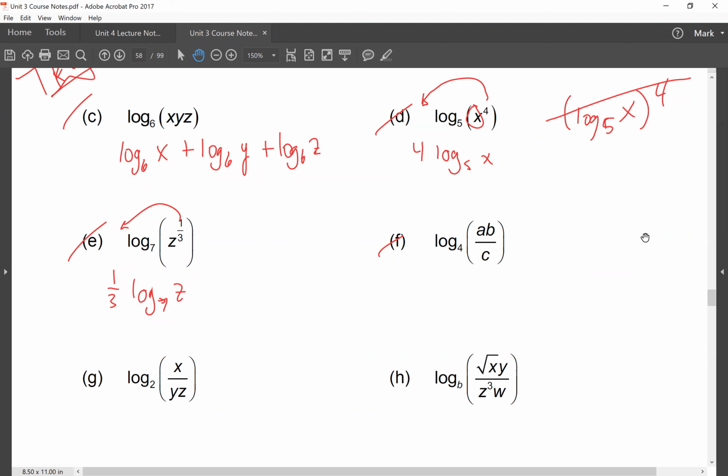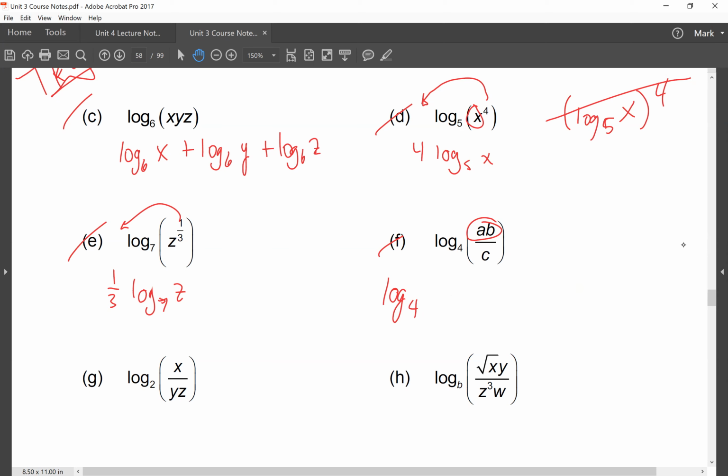Okay, what about F? Log 4. Now, let's do this piece by piece. Log 4, we have A. I'm going to add that to log 4 of B, and C I subtract because it's division. And you could do this piece by piece if you wanted.